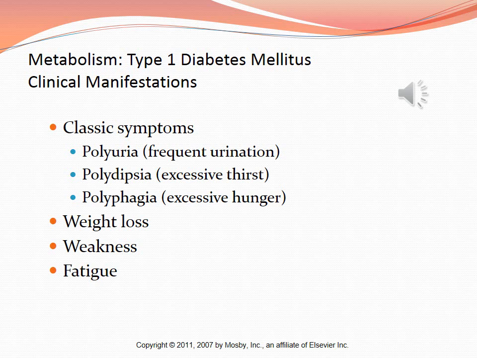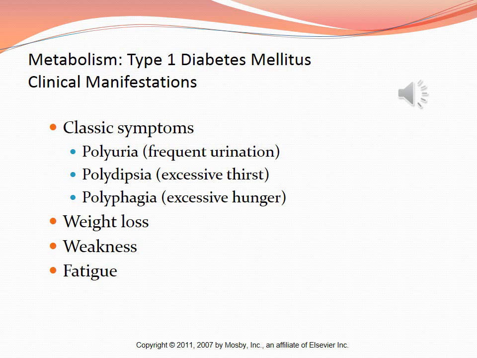For example, a woman with gestational diabetes may, after delivery, move into the diabetes mellitus type 2 category. Prediabetes is classified as impaired glucose tolerance or impaired fasting glucose and refers to a condition in which blood glucose concentrations fall between normal levels and those considered diagnostic for diabetes.